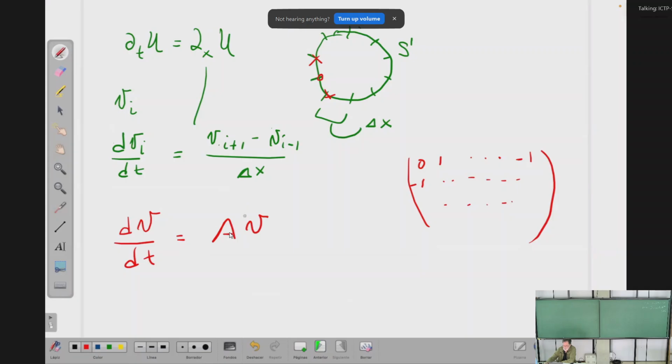But all the components of this matrix have a delta x that you can put here, 1 over delta x, and this is a numerical matrix.